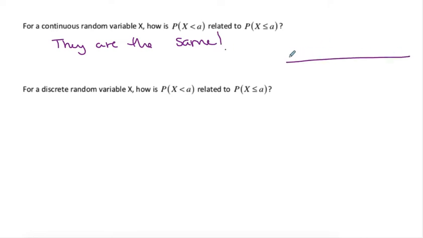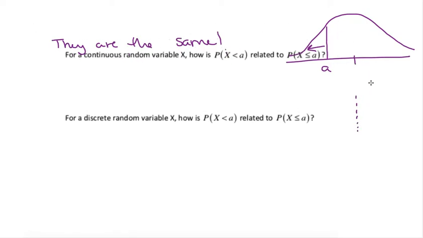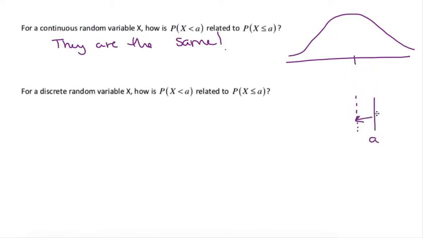If I think of a distribution that's centered here with a normal approximation, and say I was interested in this observation and below, some a here, whether or not this is a dashed line or a solid line, it doesn't matter for the area. There's no area to this line. So if I have less than or equal to, or just less than, those are going to be the exact same value.